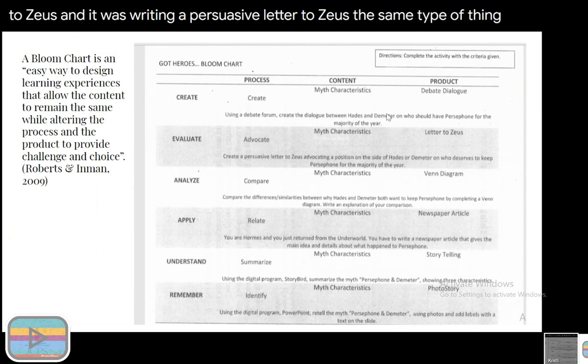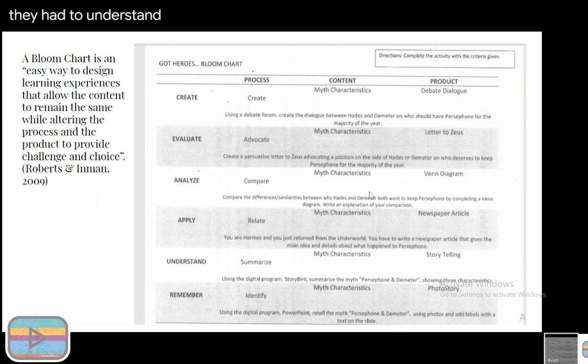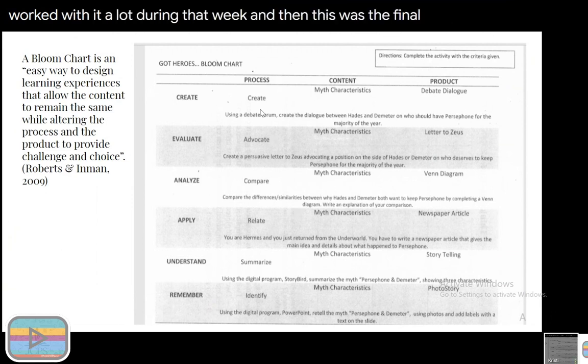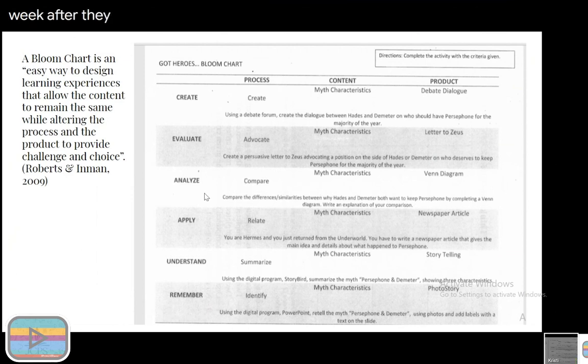So they had to understand the story very well, which we had broken down and worked with a lot during that week. And then these were the final products for the week after they went through the story.